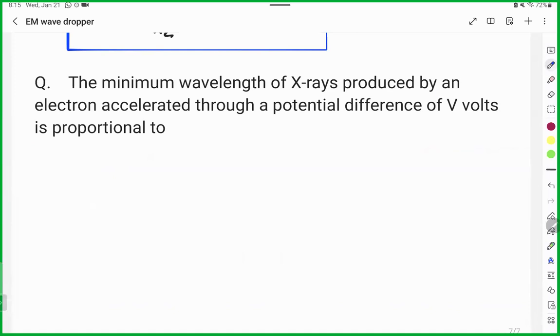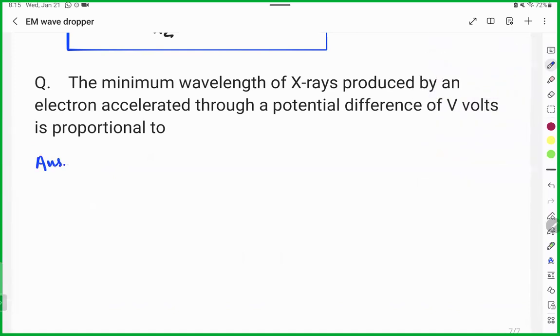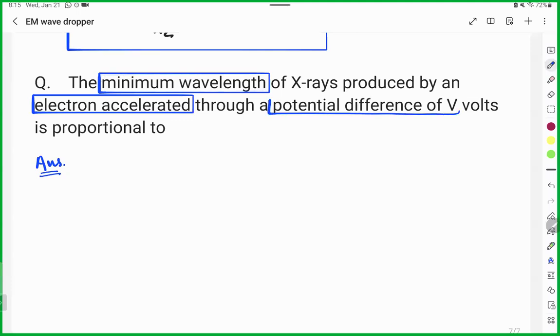So, if you solve this question, then you have to understand this minimum wavelength and the electron, and it is accelerated. Your speed is changing. So, you cannot use the velocity part in this case because it is accelerated, and then you have a potential difference.